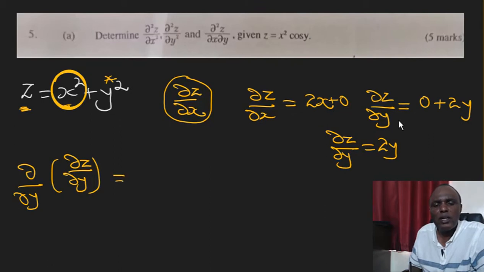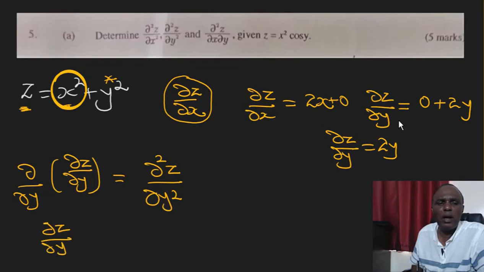It is also the same as writing ∂ squared z over ∂y squared. When you differentiate 2y, you get 2.